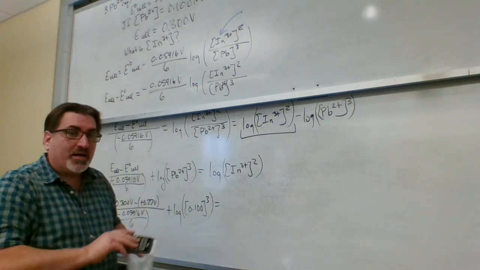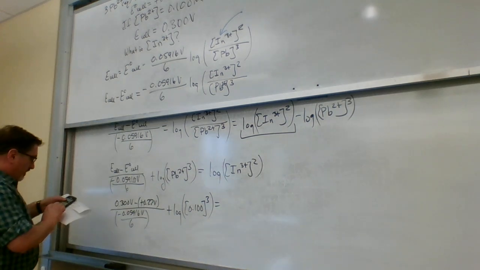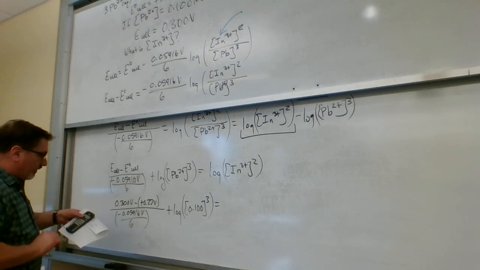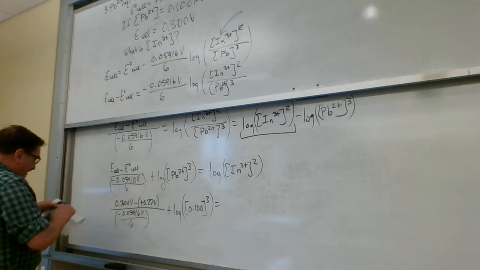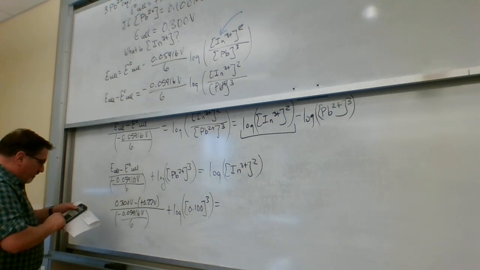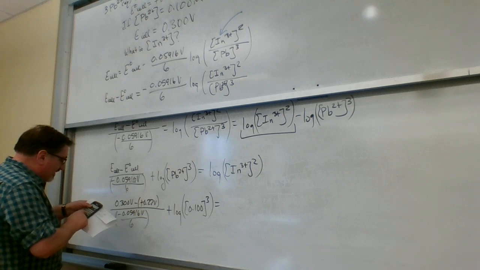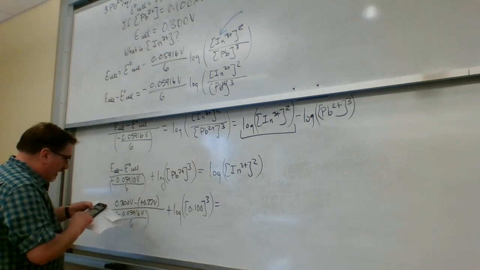So keep your wits about you as you type this in. The numerator is not so bad. 0.3 minus 0.22 equals 0.08, divided by, open a set of parentheses, 0.05916, flip the sign negative, divided by 6, close your parentheses, equals.